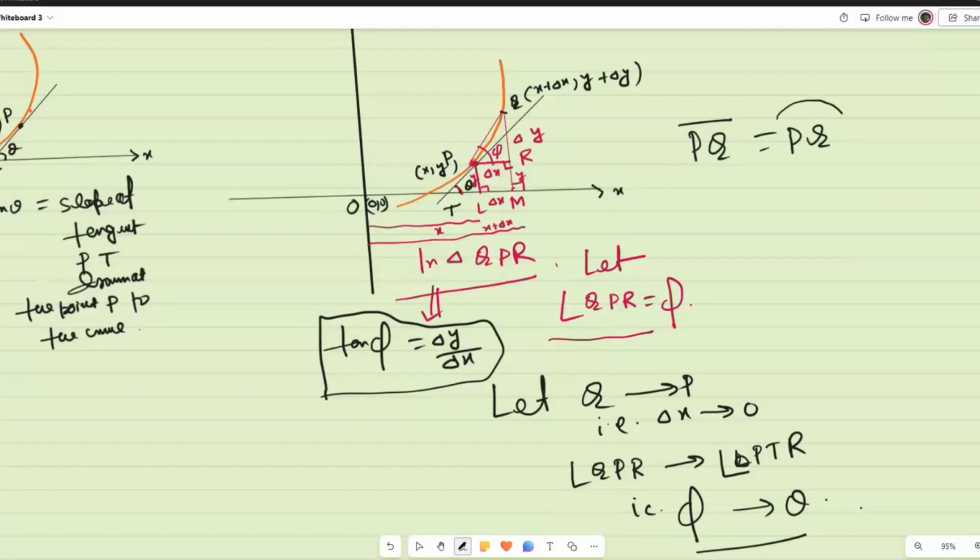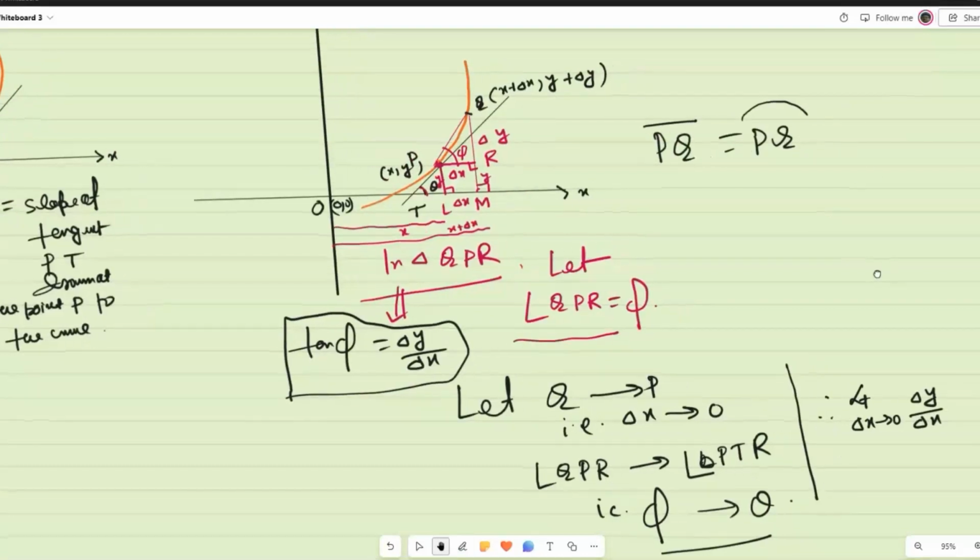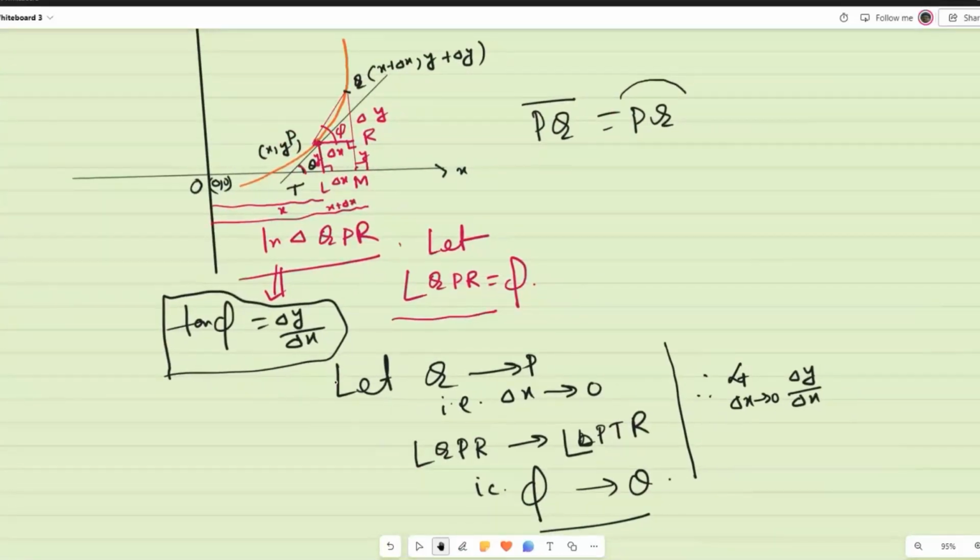So phi is tending to theta. So in this case, limit delta x tending to 0 of delta y by delta x, this ratio will be, instead of tan phi, we can write tan theta. Same thing.